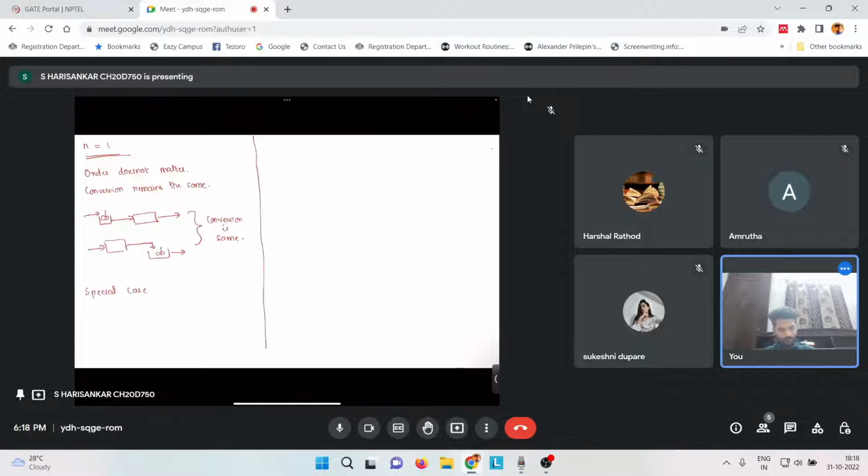The special case comes for autocatalytic reactions. I hope you guys can recollect what you mean by autocatalytic reactions. Can anyone just mention an example for an autocatalytic reaction, a very simple example?